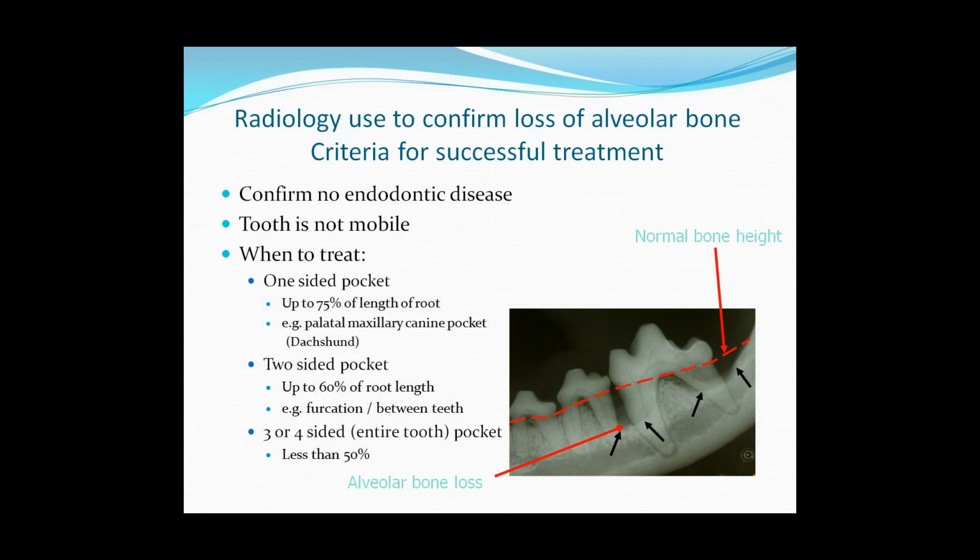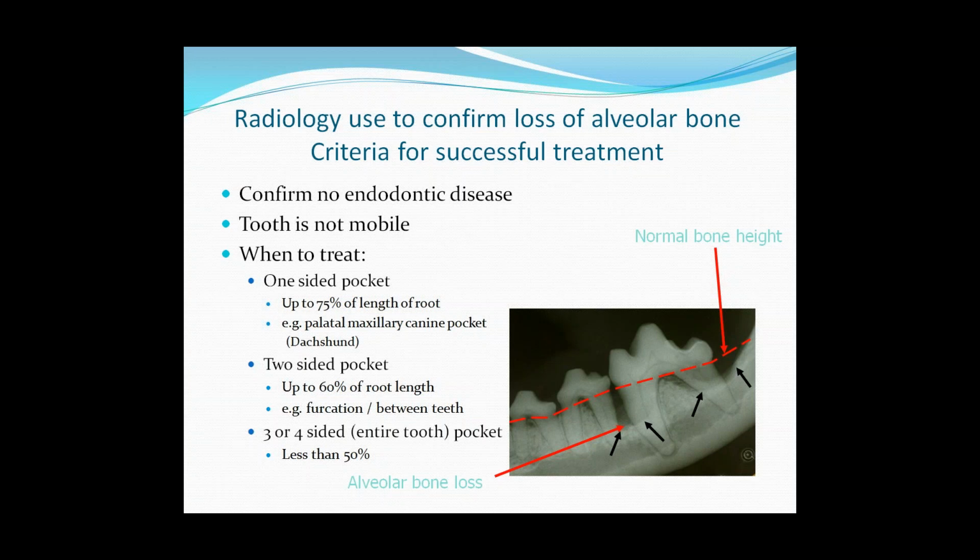If there's no periapical radiolucency, so in this particular radiograph, you can see that the periodontal ligament, which is the black line that runs between the bone and the tooth, is normal width and thickness around the tooth, then you don't have endodontic disease either. The other criterion essentially is you don't have a lot of mobility in the tooth. If you've lost a lot of structural support, then you'll find that you'll have a mobile tooth and it won't be a good candidate for periodontal treatment either.